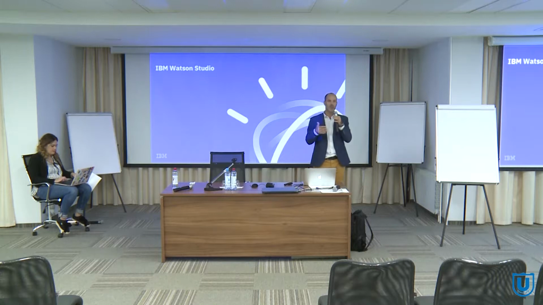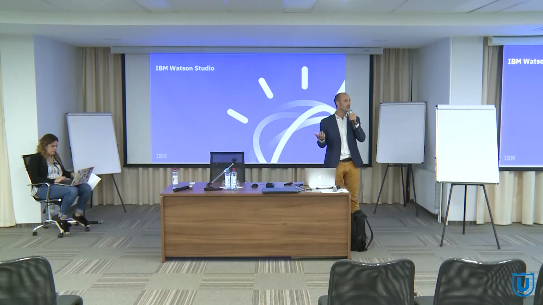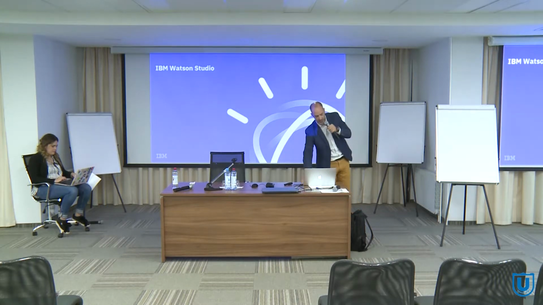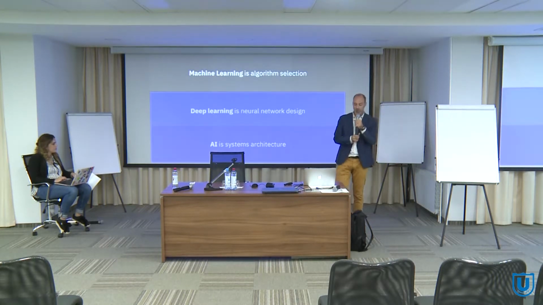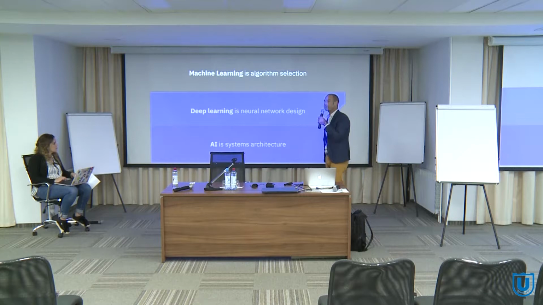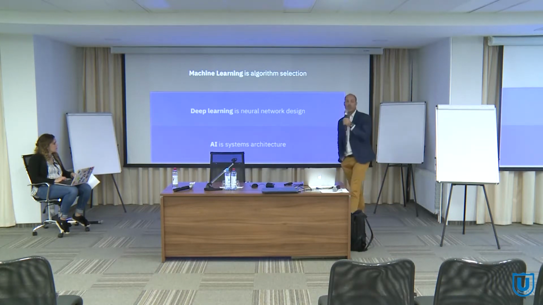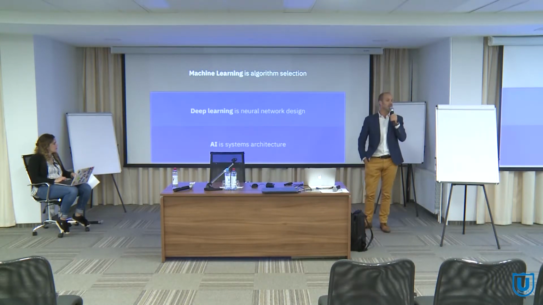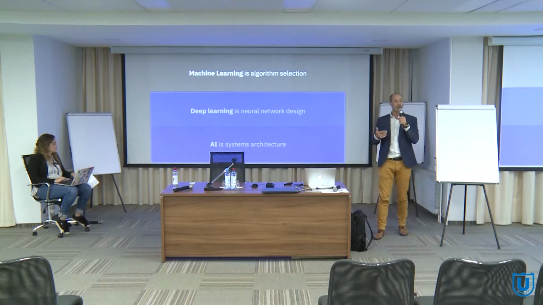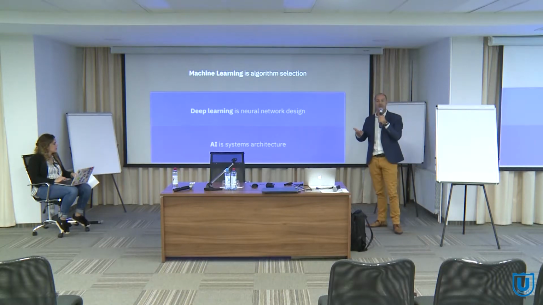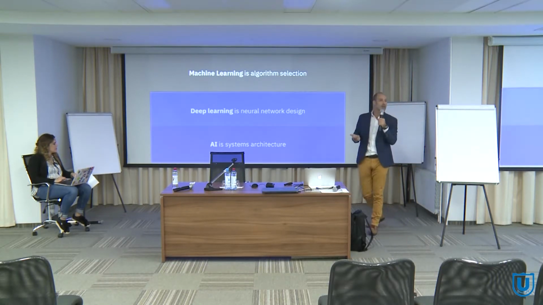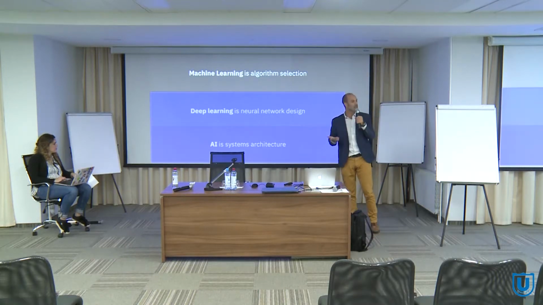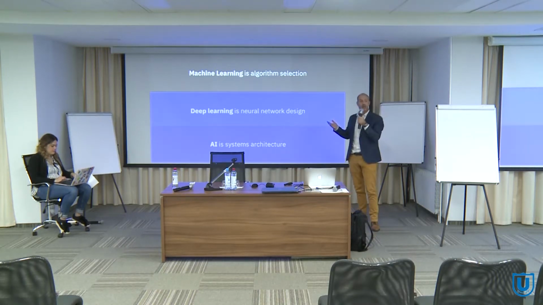This kind of paradigm is always true with all the services. And it needs tooling to do this, and that's what I'm going to present right now, the IBM Watson Studio. So quite rapidly, because we're kind of behind schedule, machine learning is all about the traditional selection of algorithm, getting the right algorithm to do a specific prediction, for instance, to recognize a specific pattern, and tweaking a bunch of parameters.